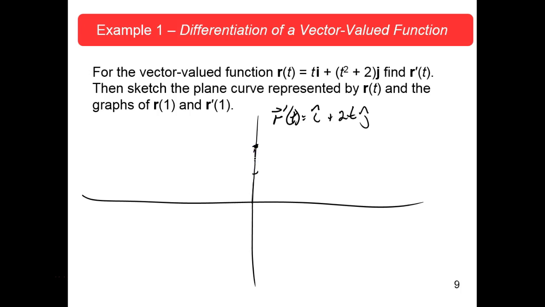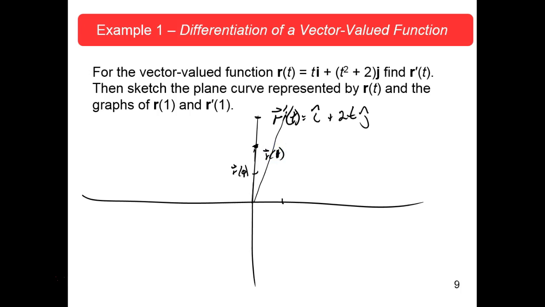Then r of 1: 1i plus 3j. Wish I'd have done it a little taller. Right there. So this would be your r of 1. This is r of 0. This is r of 1.